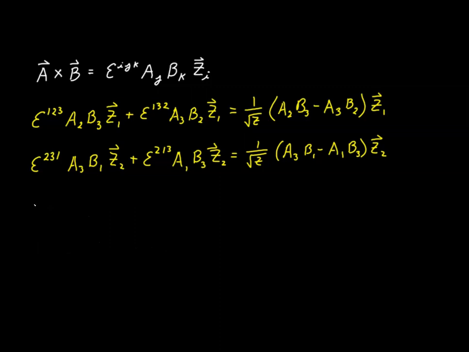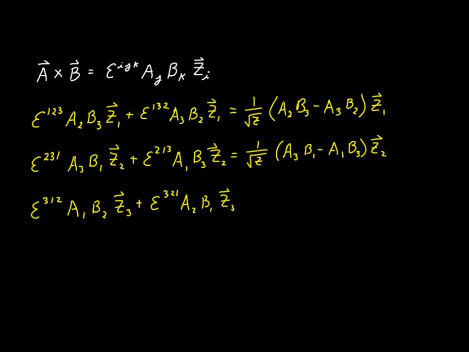And this time we're going to have epsilon 3, 1, 2 times A1, B2, Z3 plus epsilon 3, 2, 1 times A2, B1, Z3.